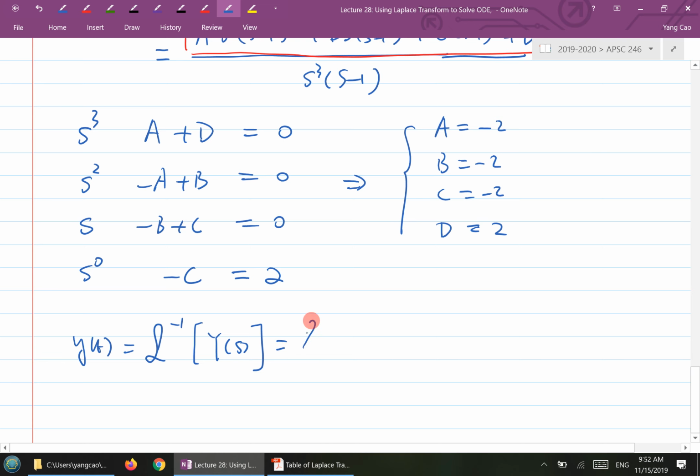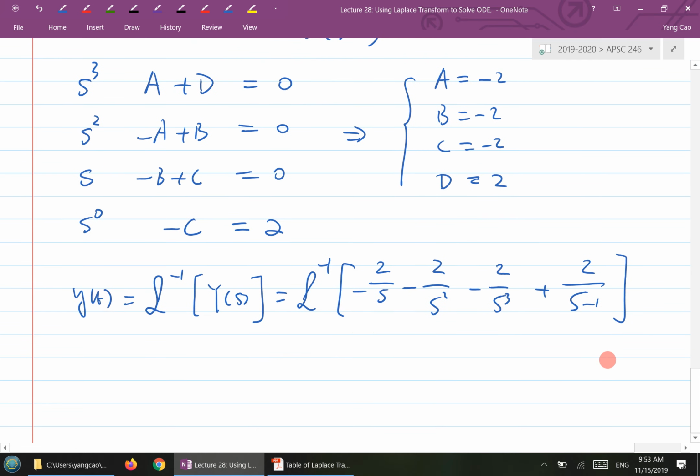So basically it's the inverse Laplace of negative 2 over s, 2 over s squared, 2 over s cubed, and 2 over s minus 1. Use the table. Let's take a look at the table here. What is the first inverse Laplace transform?